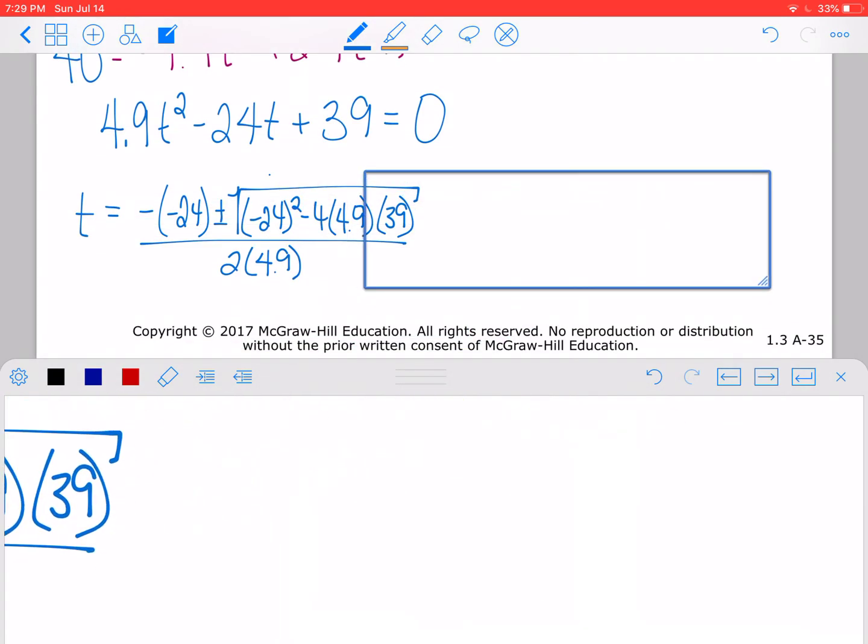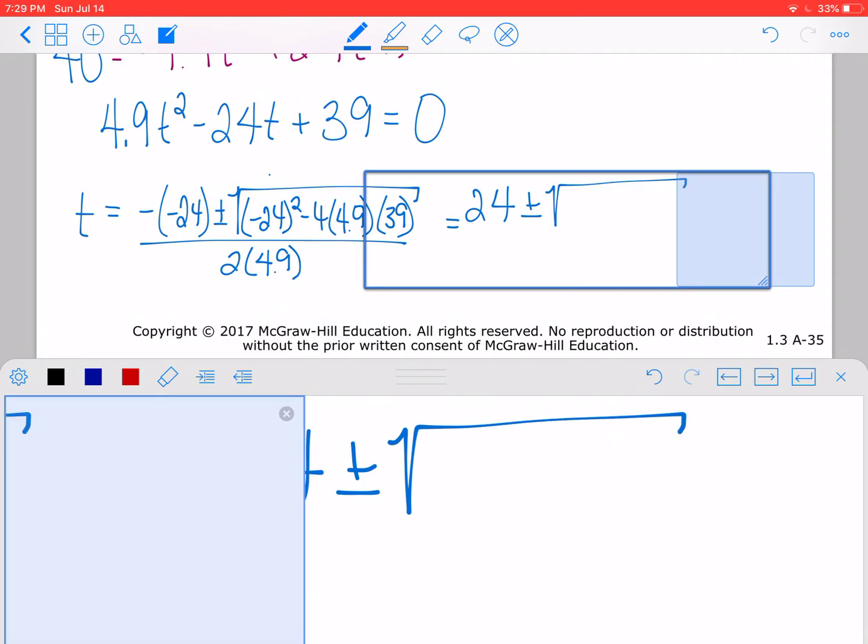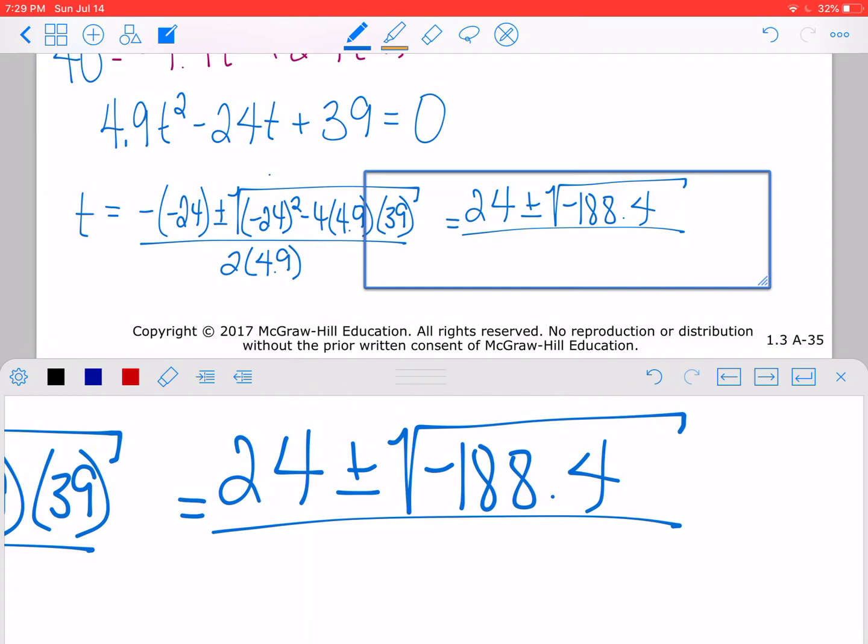When we simplify this, we get 24 plus or minus the square root of negative 188.4 divided by 9.8. So there's a problem here. We've got a negative square root. Well, we just did imaginary numbers, so yeah, we could use an imaginary number here. But the fact is, this is a real-world problem.